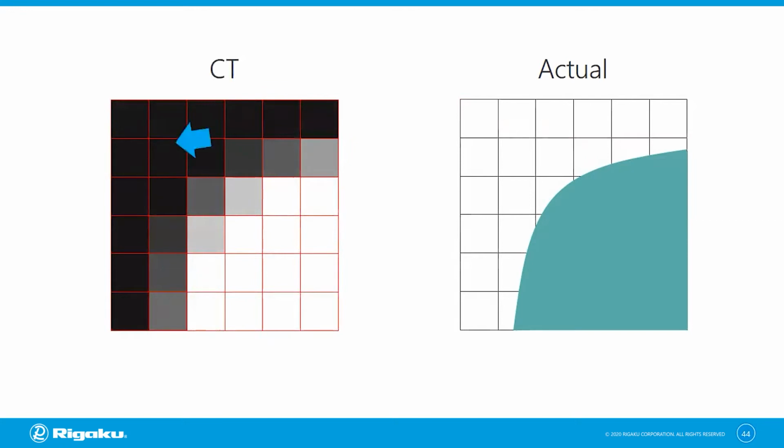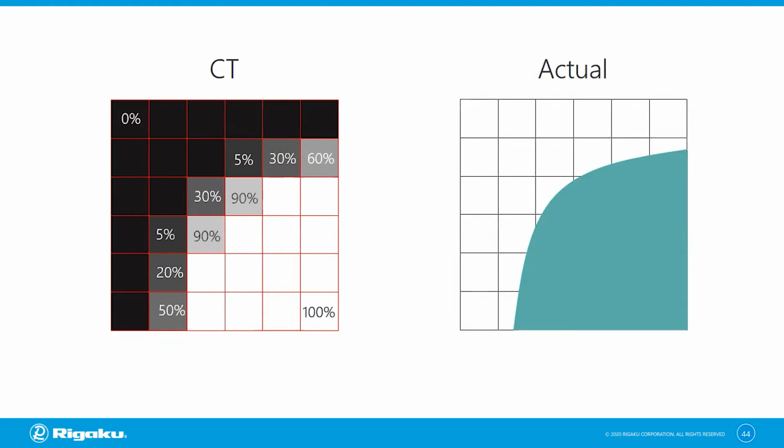So the black part is air, and let's just call it 0% absorption. And the white part is the object, and let's call that 100% absorption. Then we have all those gray voxels in between. And we get those gray voxels because of the partial volume effect artifact, which we discussed in episode 6. And the gray level of those voxels can vary anywhere from 0 to 100.